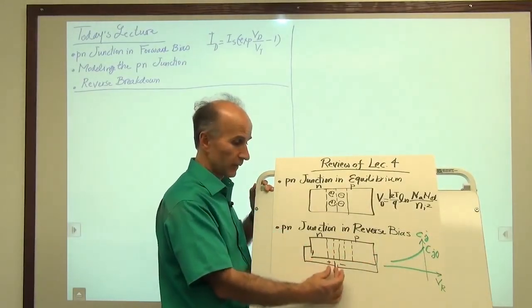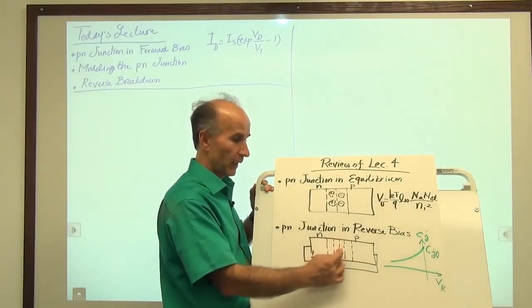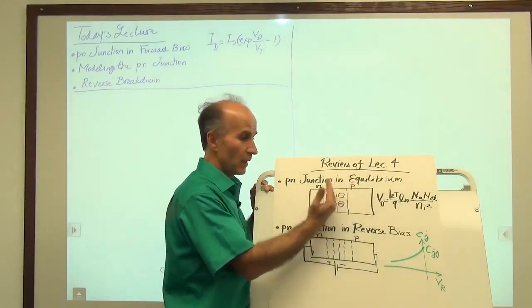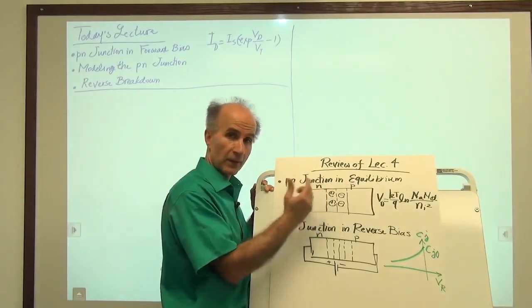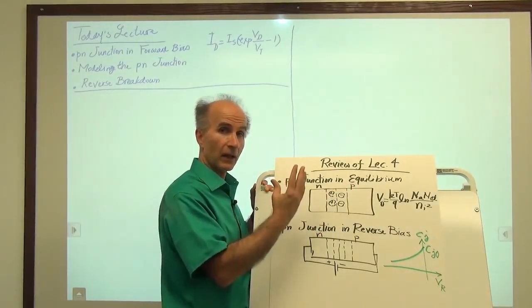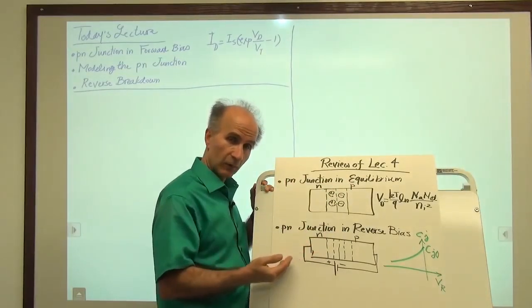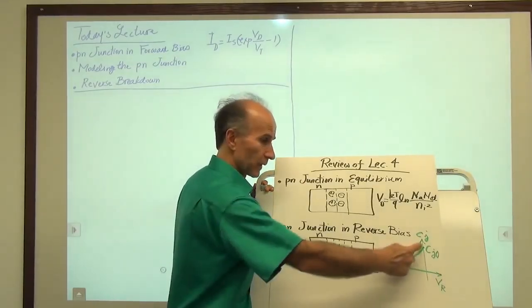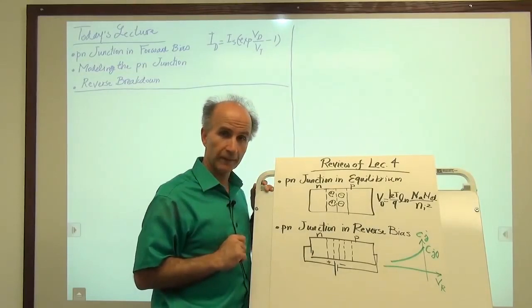For 0 volt applied, we have a narrow depletion region, meaning the spacing between the plates of the capacitor is small, so the capacitance is high. And as the reverse bias voltage increases in magnitude, the capacitance goes down. So that's the type of behavior that we expect.